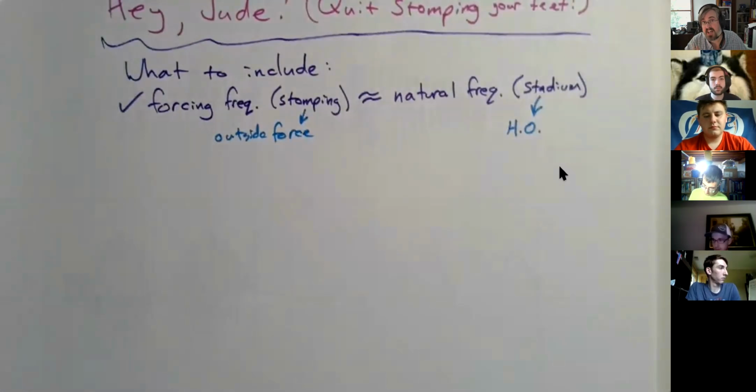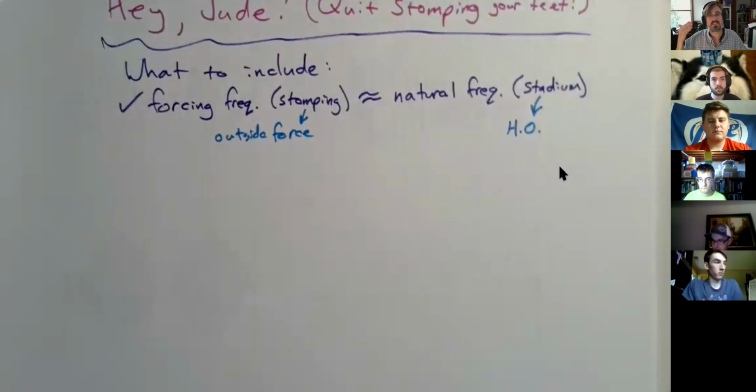So in a good explanation, the person responding to this question would not start off presuming that everyone reading this knows exactly what is going on in their head. They would start off by saying something like, well, if we think of the stadium as the harmonic oscillator and the people stomping on it as the outside force, and so on.